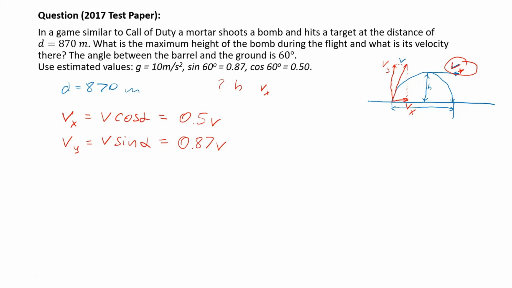But in the horizontal direction, the movement is all the time at constant speed. So at this highest position, the vertical speed component is 0. The horizontal speed component is 0.5 V. So as soon as we find V, we will have the solution for this part.